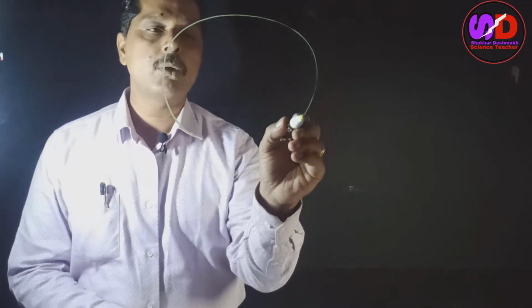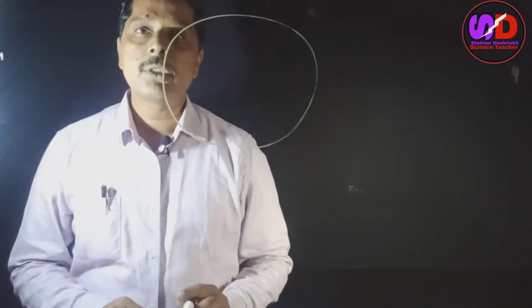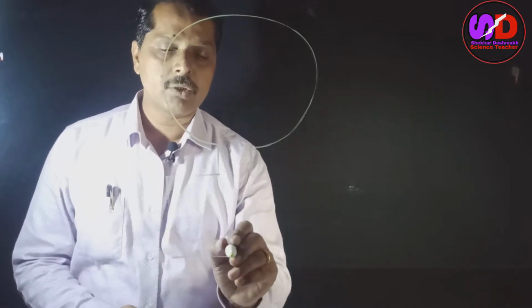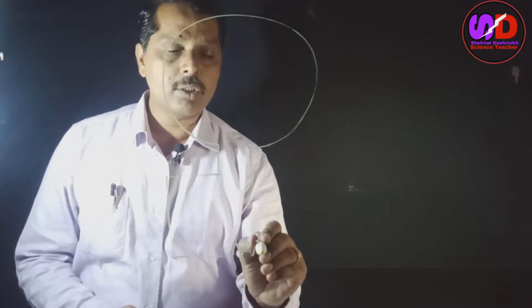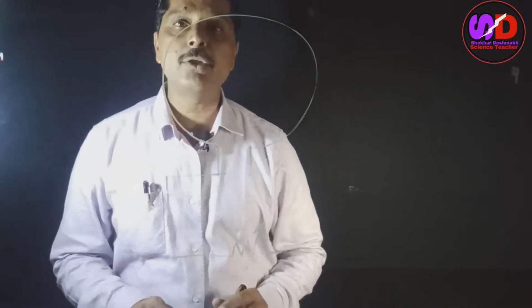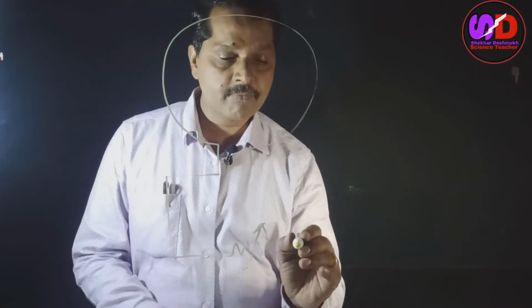So, suppose it is a loop. Suppose I connect it to a rheostat. We know a rheostat is used to change the current flowing through the circuit.